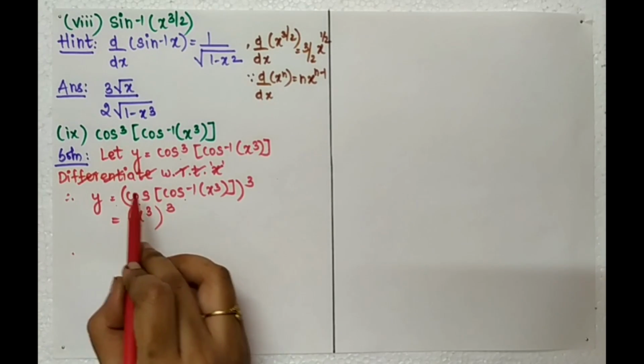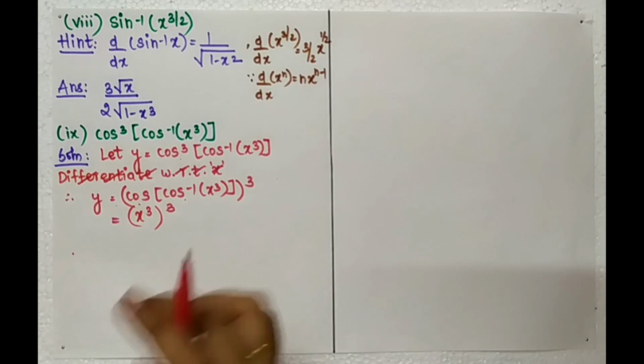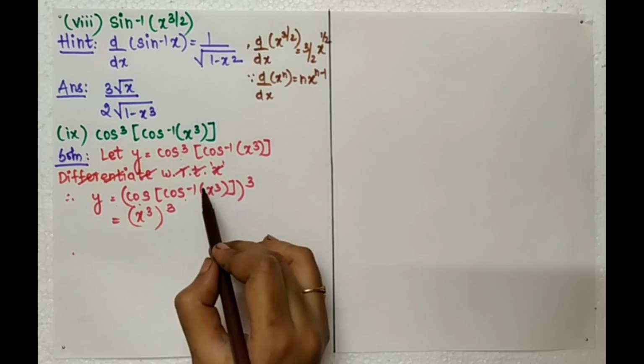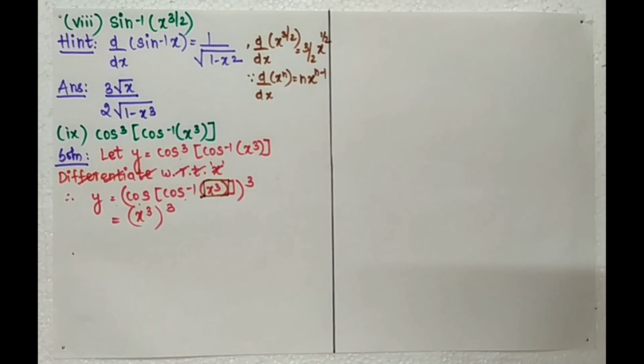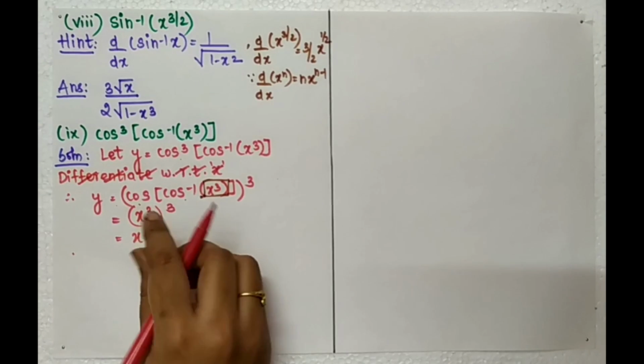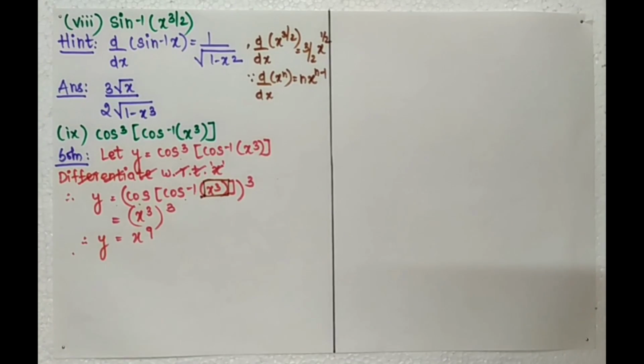Cos and cos inverse will nullify each other and we are left with only x cube. So we take x cube the whole cube, which is equal to x power 9. 3 3s are 9. Therefore y equal to x power 9.